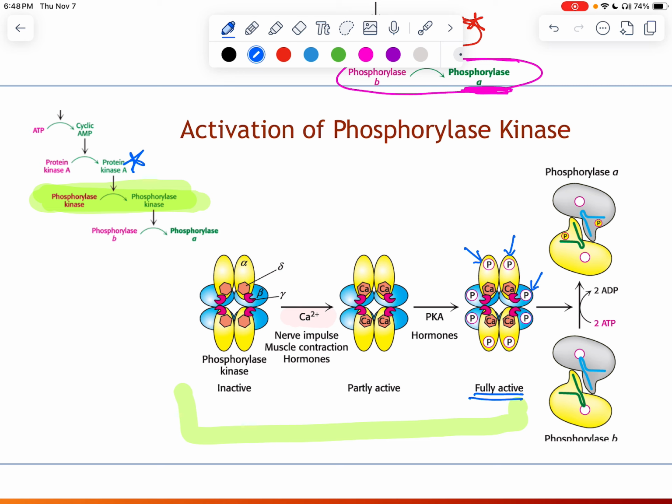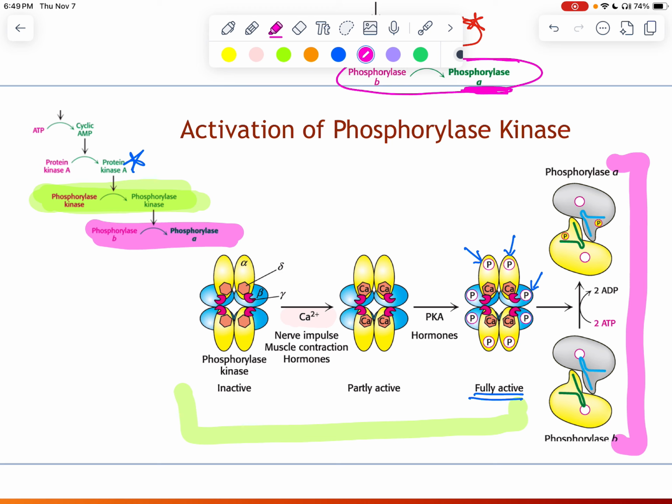And so it adds phosphates to our glycogen phosphorylase. That is what we are looking at over here, these two. And we can see that you can have it in what we call the B form without the phosphates, or the A form with the phosphates. All right, and we're going to take a look at both of those.